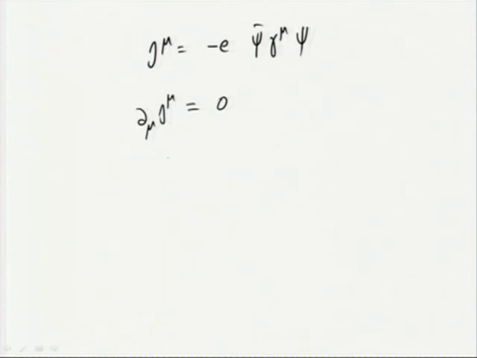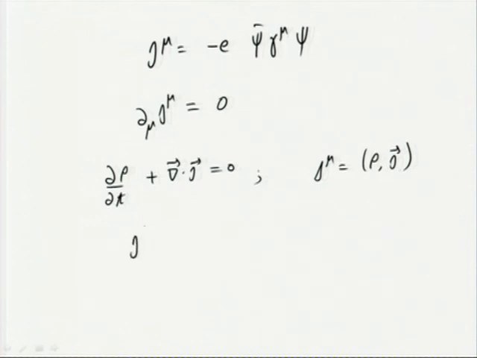This is basically the continuity equation dou by dou t rho plus divergence of j equal to 0, with j mu written as rho, the 0th component, and j vector as the 1, 2, 3 components.